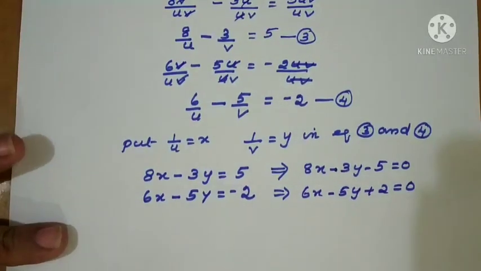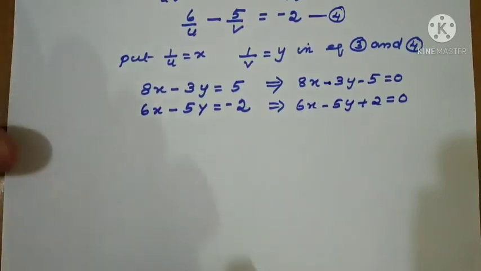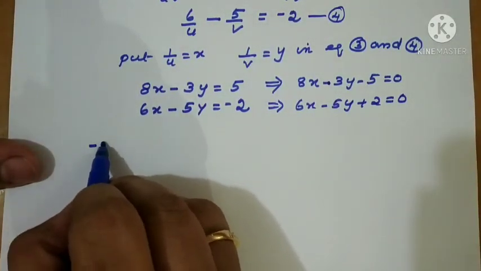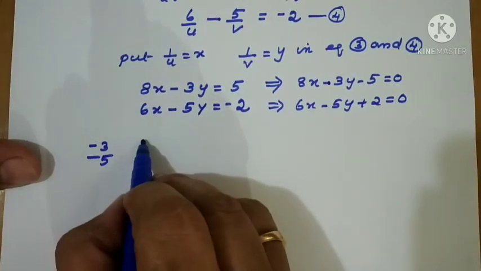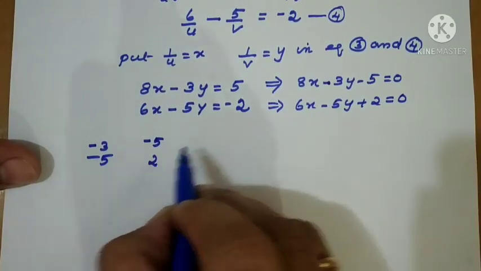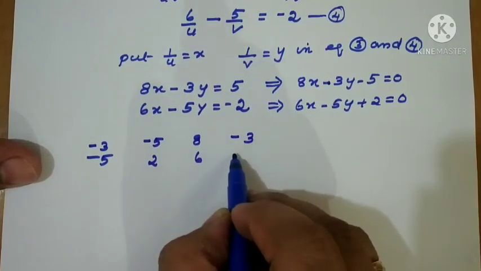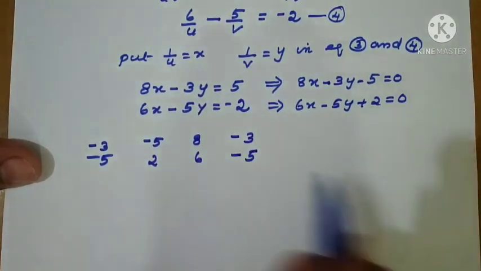We'll go for the cross multiplication method now. So what is the step? Coefficient of y we should start. So minus 3, minus 5, constant, minus 5 and plus 2, then 8 and 6, again ending with the y coefficient minus 3 and minus 5.